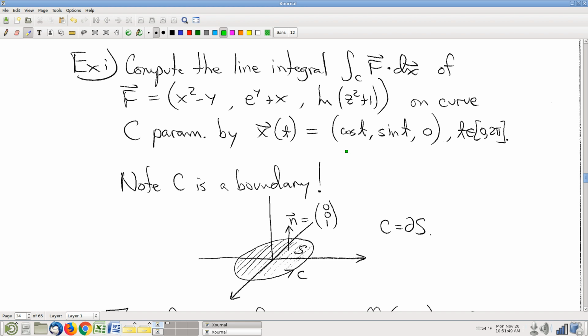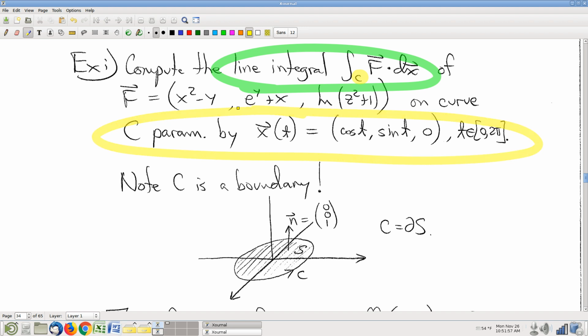The question says here, let's compute this line integral. Got a line integral given. The curve is parameterized, given to you. The vector field is explicit. By the way, you could look at this question and think, hey, this is kind of a 15.2 question, and we've got not only an explicit vector field, but also a curve, and the curve's been parameterized.